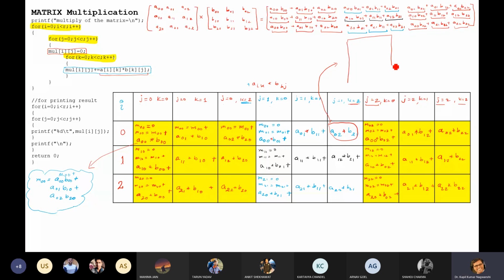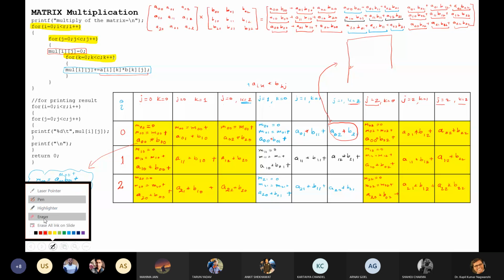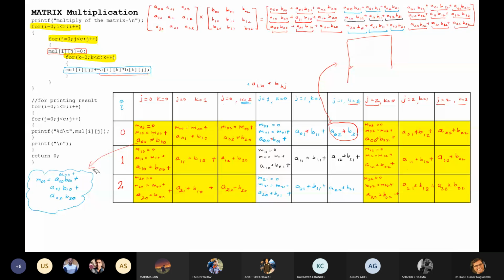So how do we execute all the for loops one by one? It is first. Okay, fine. I want to explain to you using one more box.